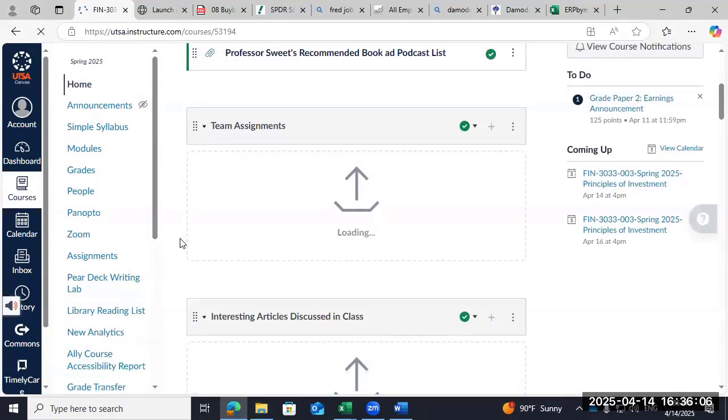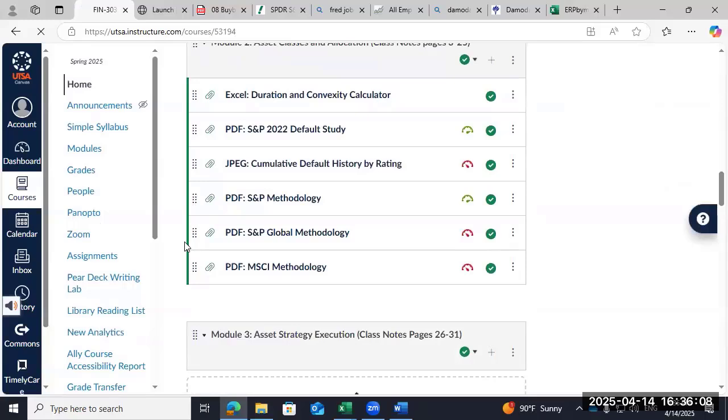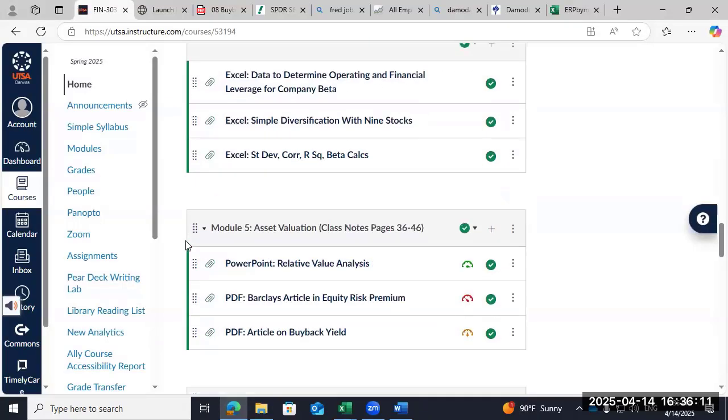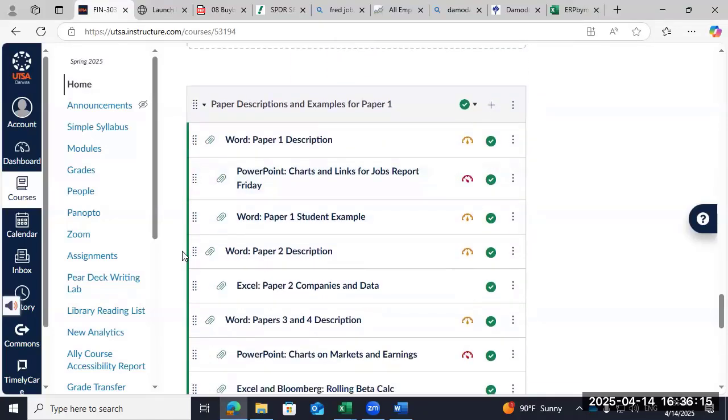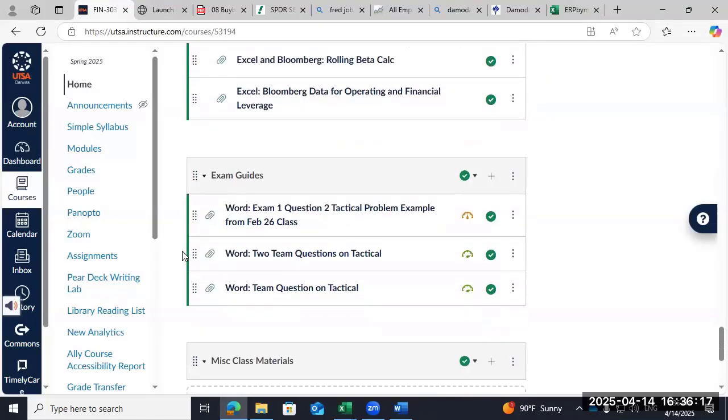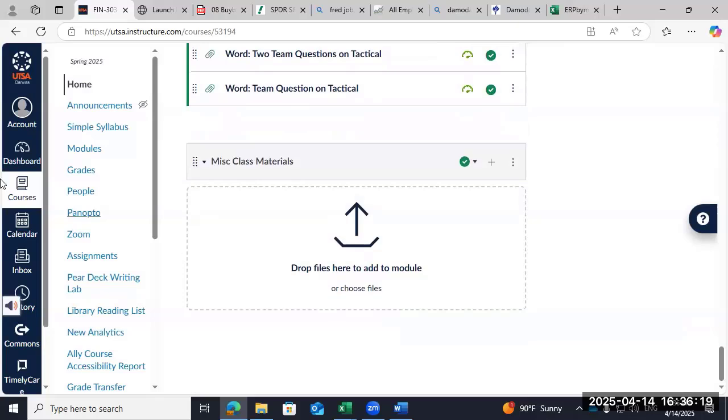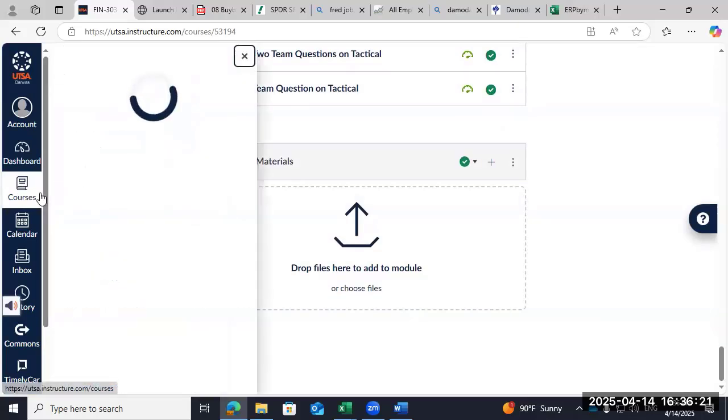It takes me a while to update it because it's such a massive amount of information, but let's see if I have it out there. Let me find it from last semester.